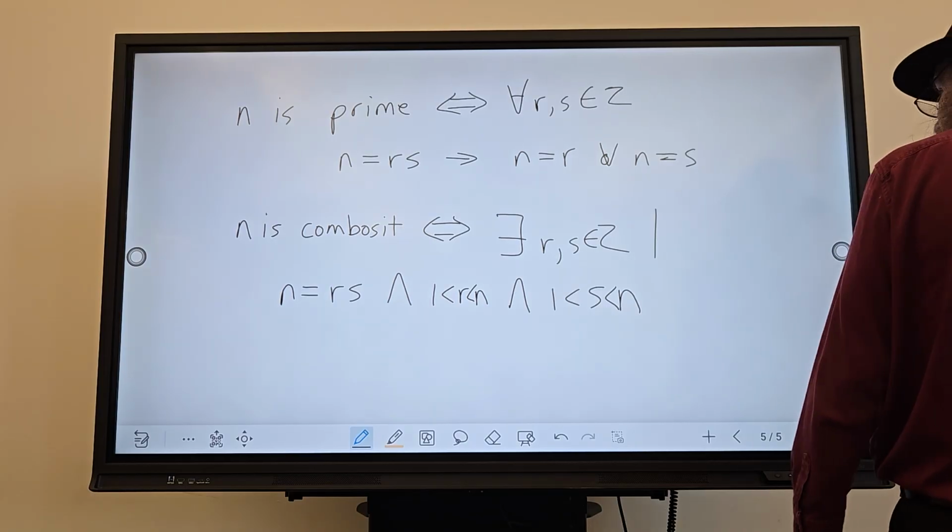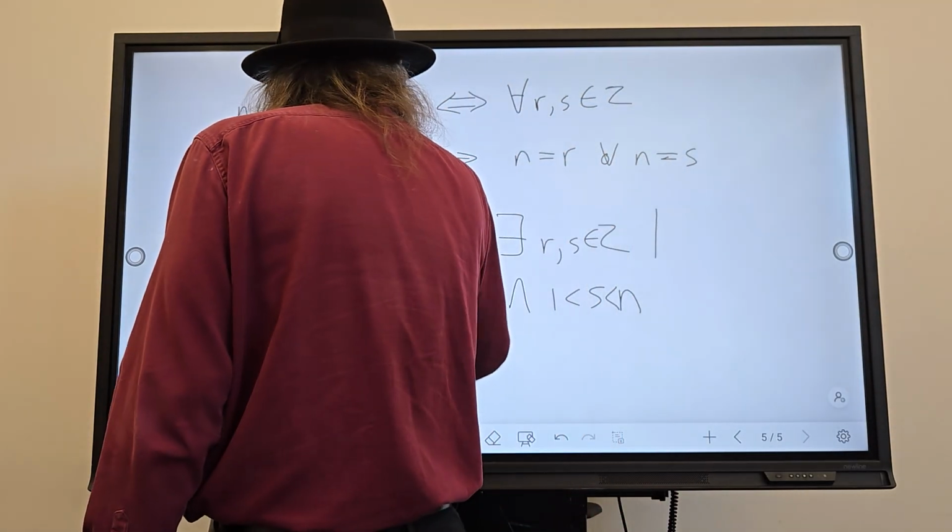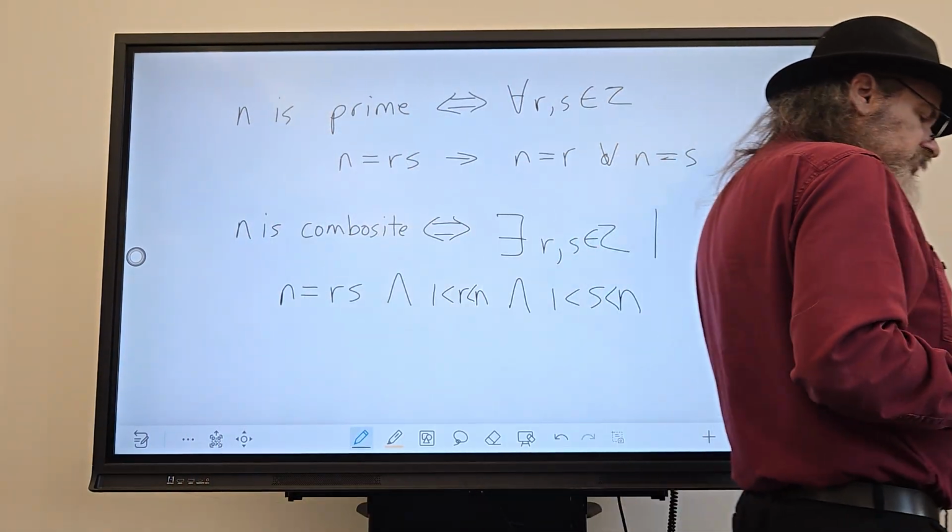So that's what the two definitions are symbolically.